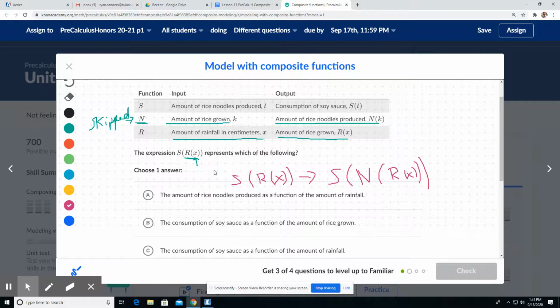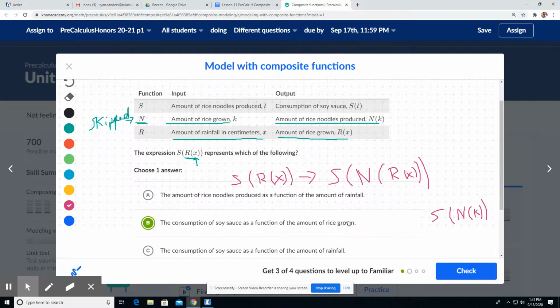All right. Let's look at each one of these. Consumption of soy sauce is S of T, as a function of the amount of rice grown, N of K on that one. So that's what the second one represents.